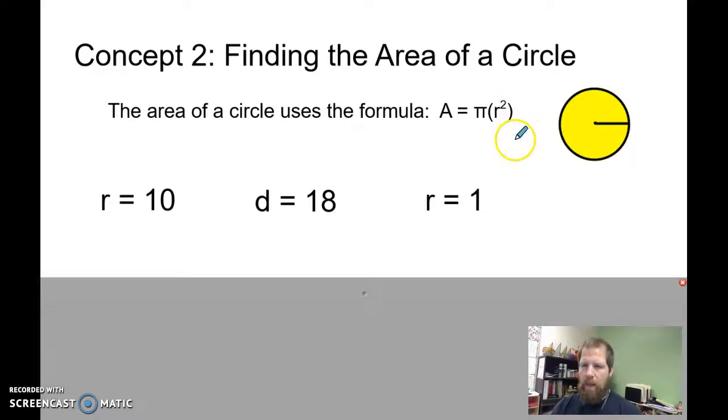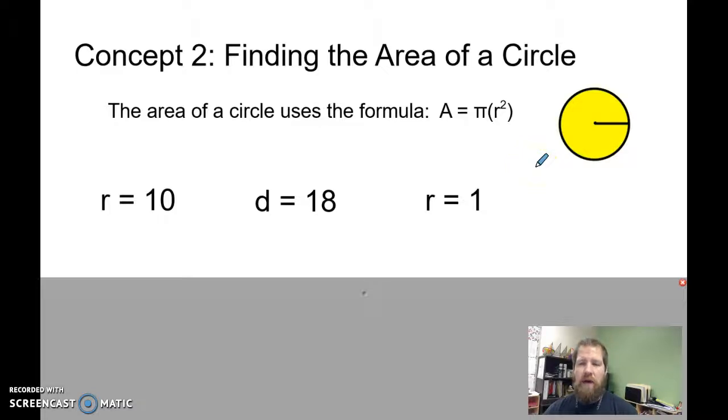A lot of times students get the formula for circumference and area mixed up. Try and remember, if you're looking for an area, any area, you're going to have a square value. So I'm going to have inches squared or centimeters squared or something like that.